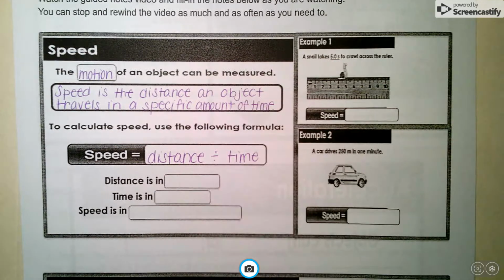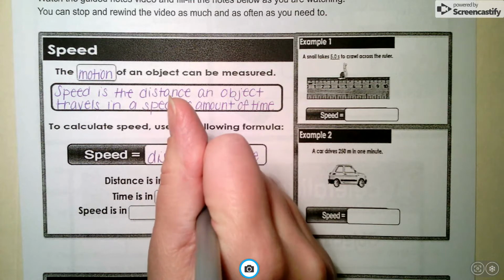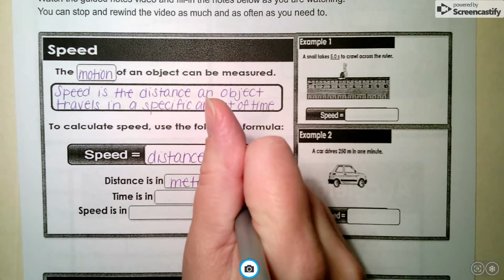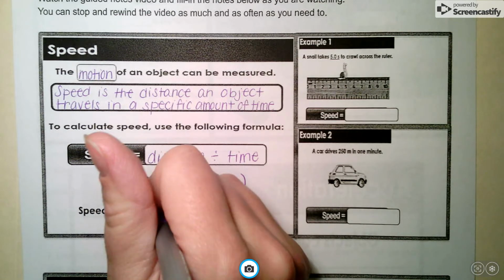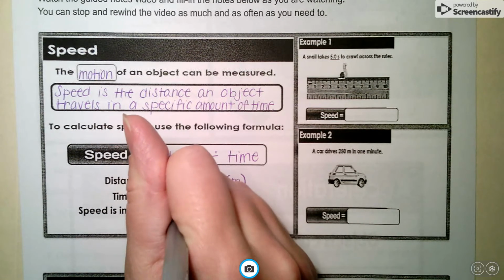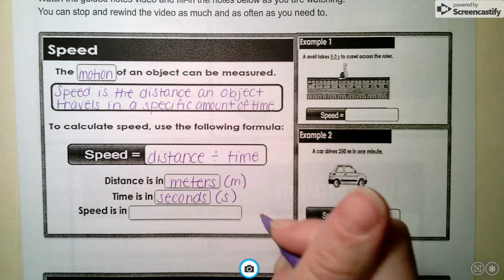In this formula, distance is going to be measured in meters. The abbreviation for meters is a lowercase letter m. Time is measured in seconds. The abbreviation for seconds is a lowercase letter s.